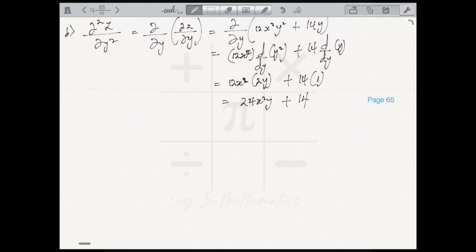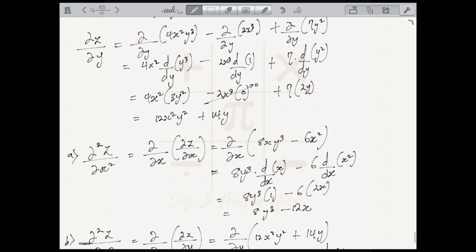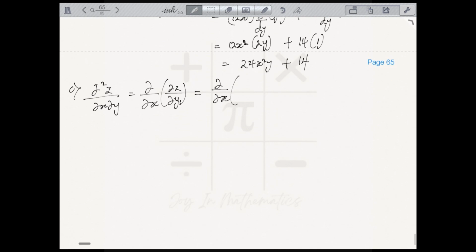Thirdly, ∂²z/∂x∂y, and this is the partial derivative with respect to x of ∂z/∂y, and our ∂z/∂y as calculated is 12x squared y squared plus 14y.